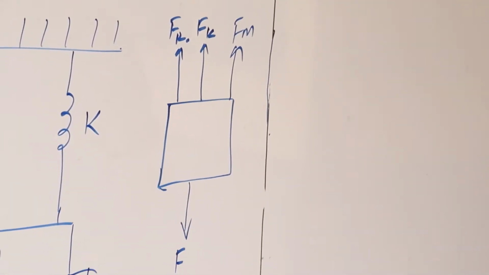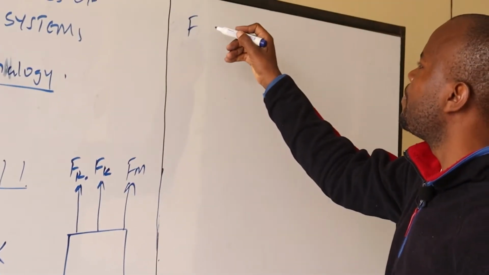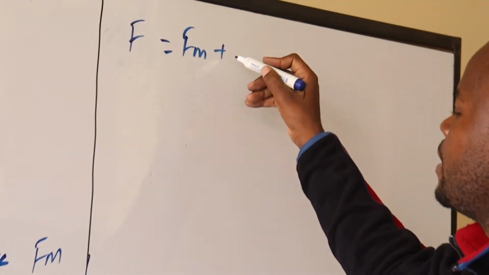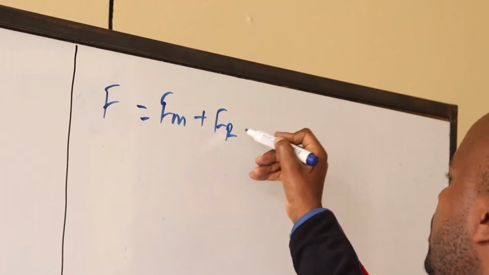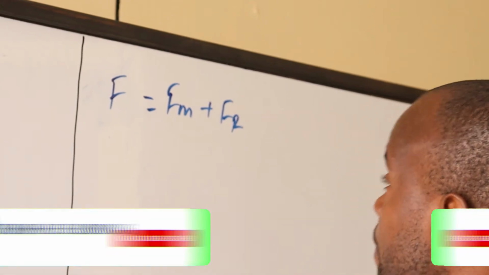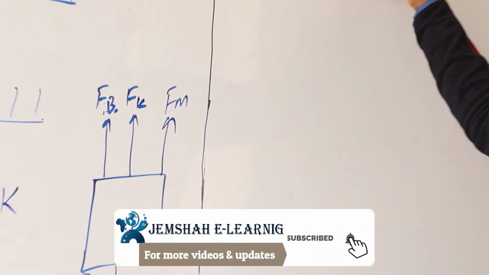Therefore we have to look at the balance of forces, and in this case we can simply say that F is equal to Fm plus Fr, or we can call it Fb for consistency, plus Fk.